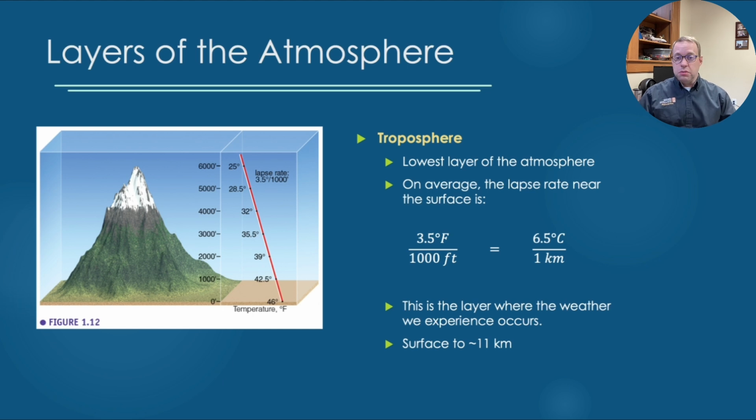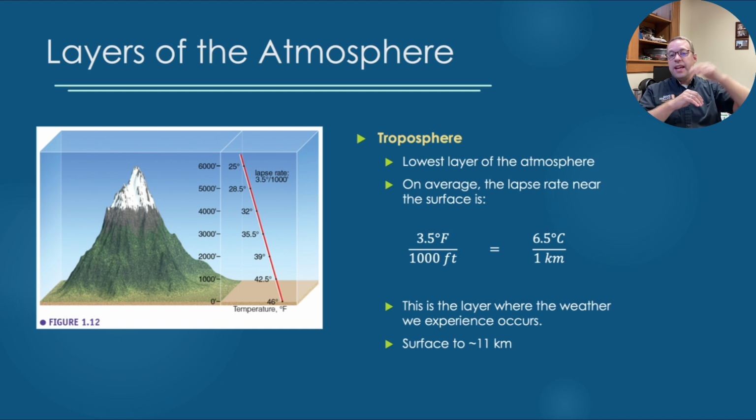Okay, so temperature does drop fairly quickly, but we're not going to use Fahrenheit and feet in this course. We're going to use degrees Celsius and kilometers. So converting that from degrees Fahrenheit and feet to Celsius and kilometers, it's about 6.5 degrees Celsius every kilometer. Go up in altitude 1 kilometer, on average, the temperature will drop 6.5 degrees.